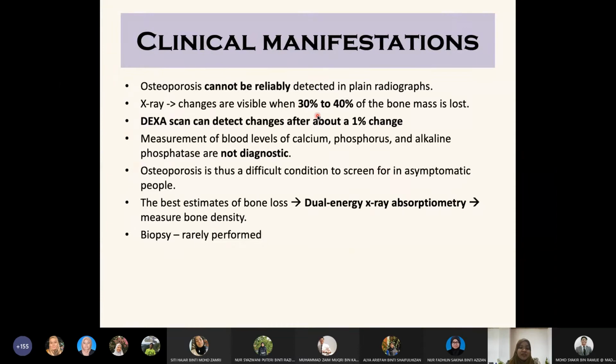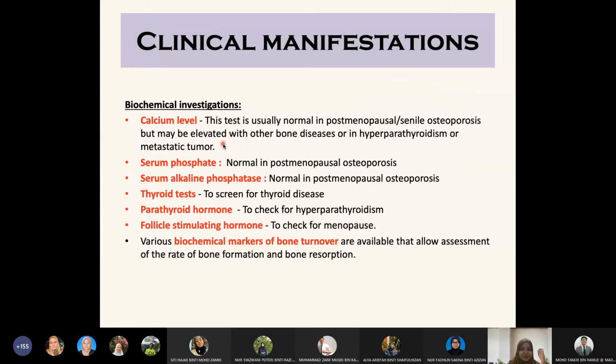Because the X-ray will detect late. So biopsy is rarely performed to detect osteoporosis. Osteoporosis is usually diagnosed by the clinical manifestation, the history, and by the DEXA scan. This is the summary of what I've said. So when you suspect the patient to have osteoporosis, usually the calcium, phosphate, and ALP will be normal, especially in postmenopausal and senile.